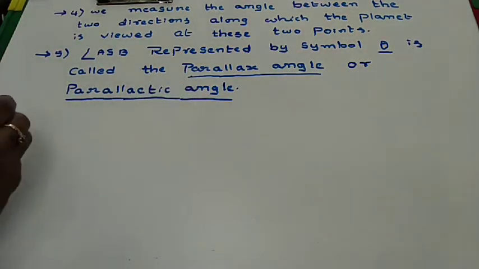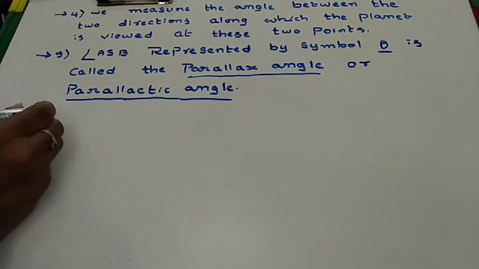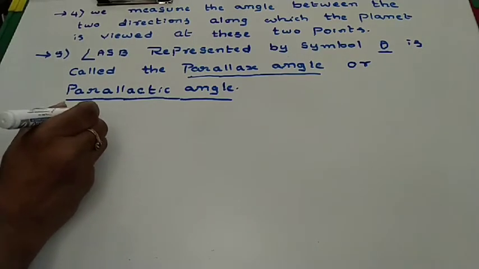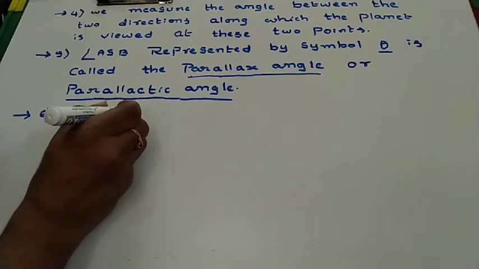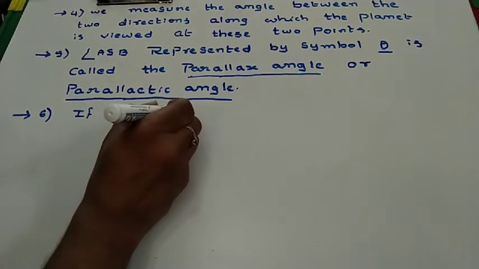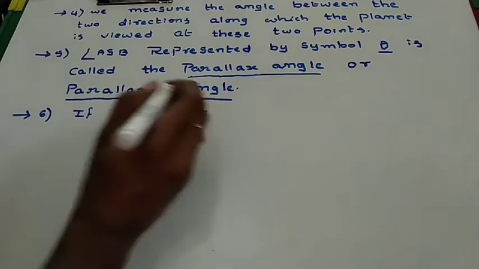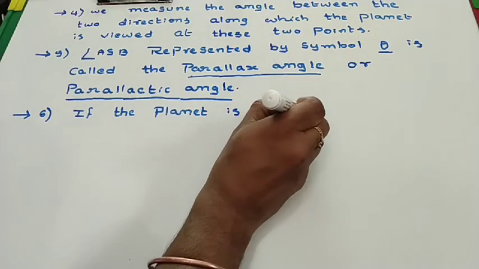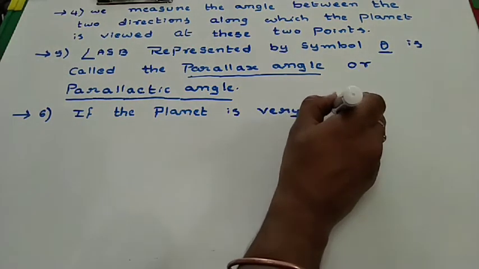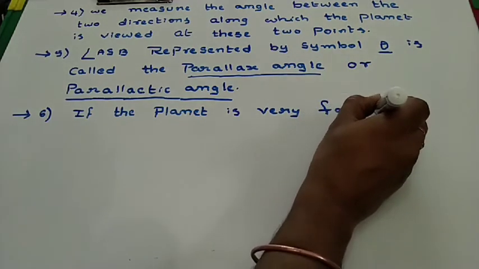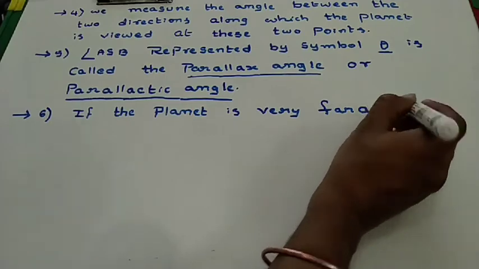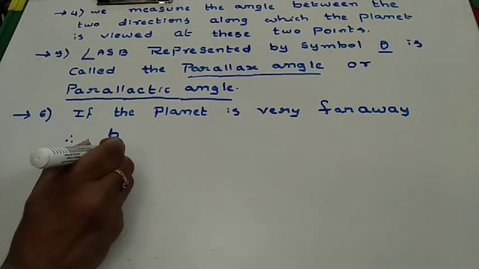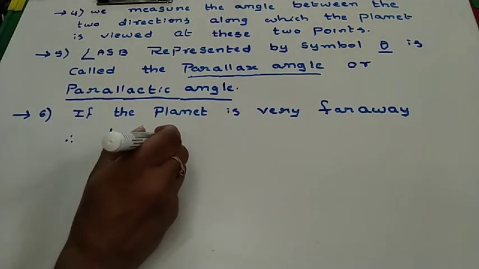Okay, now go to the next point, number 6. If the planet is very far away, therefore b by capital D is much less than 1.